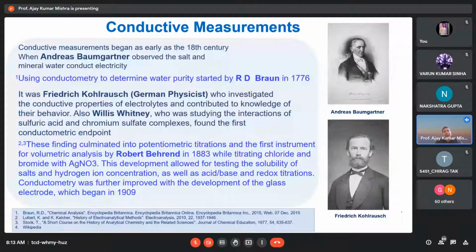Okay, so if you collect, let's say, a bucket of water, I don't know how many of you have done that, and you put a little bit of electricity there, do you think that is going to conduct the energy or not? Sir, it will conduct. It will conduct because there is a high amount of salt and minerals in the salt water.